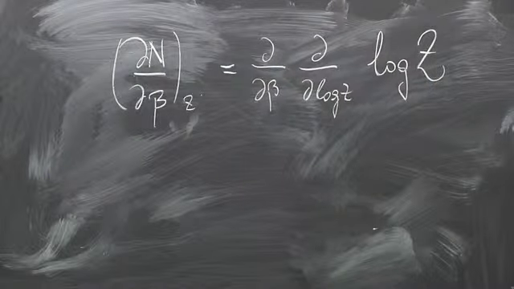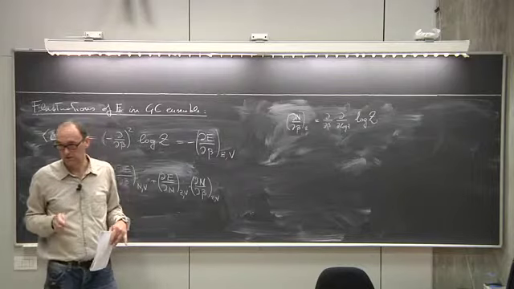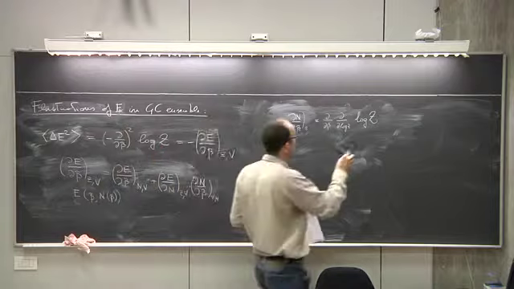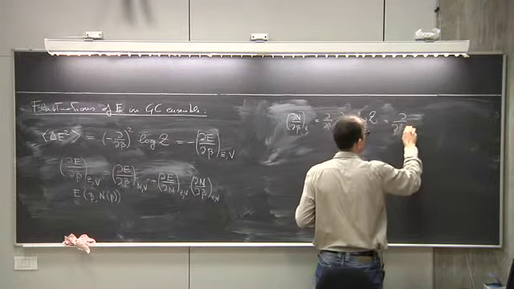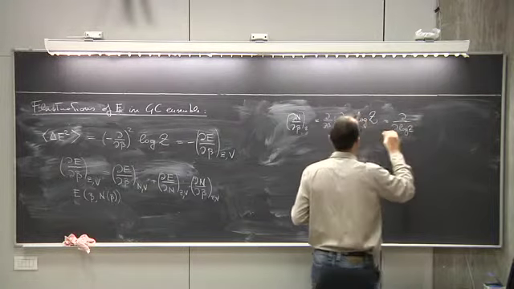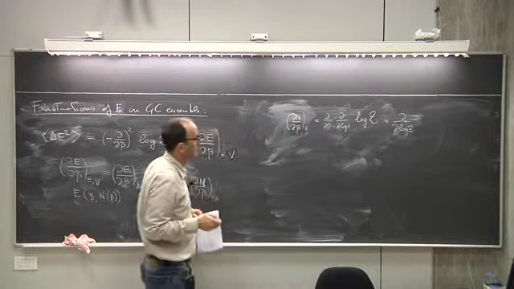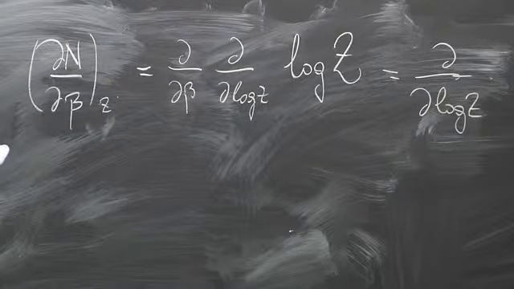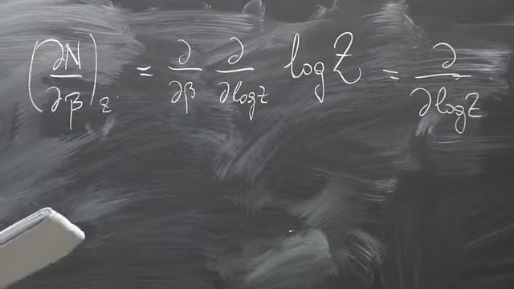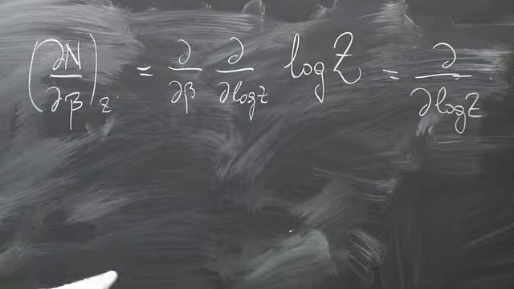I can interchange the two derivatives. So this will be the derivative with respect to log z of the derivative of the log of the partition function with respect to beta, which is minus the energy.